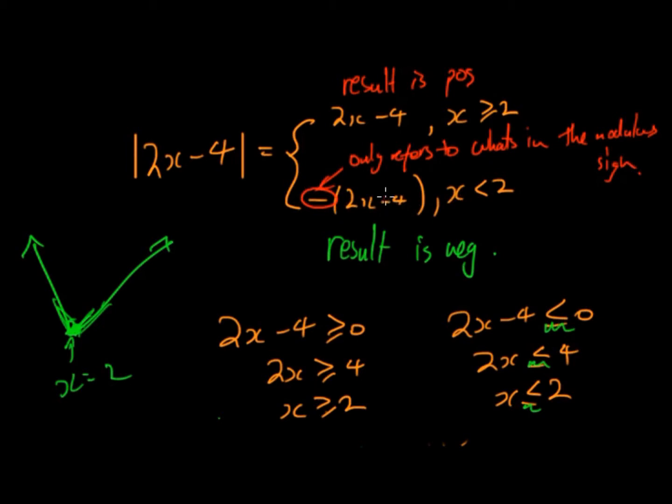So plus 4. So assuming we have an equation, y is equal to the modulus of x squared minus 5x, plus 4. And we have to put this into a hybrid form function. So we want y is equal to the hybrid form in which you have an equation governed by a domain and an equation governed by a domain.